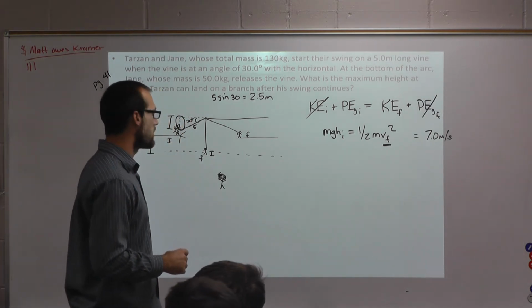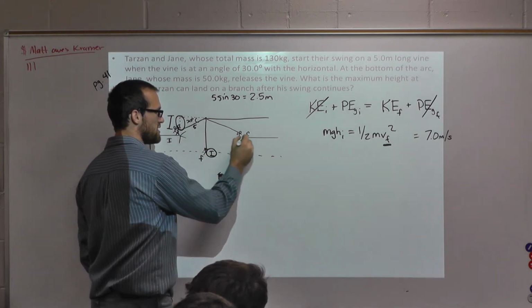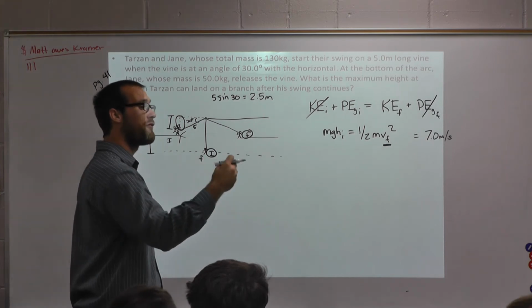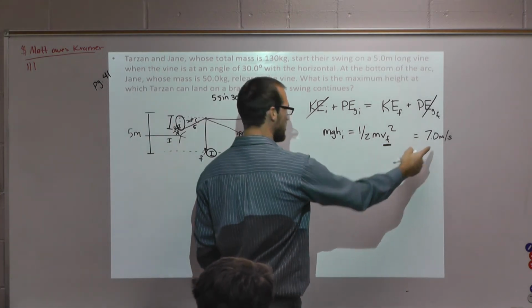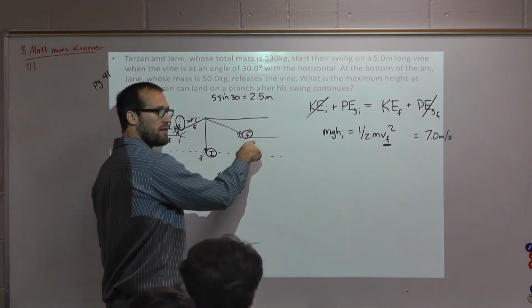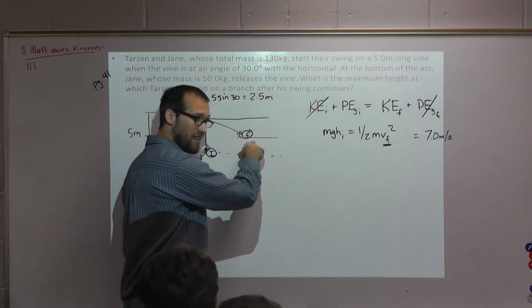The maximum height. Your second part is you're going to have your initial conditions and your final conditions. The only thing I will tell you about the second half of this problem is that your final velocity, which is 7, is going to be the initial velocity going from here to here. And you will not have Jane's mass on it.